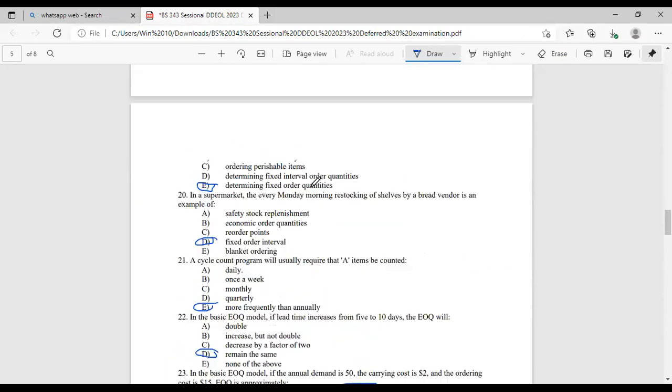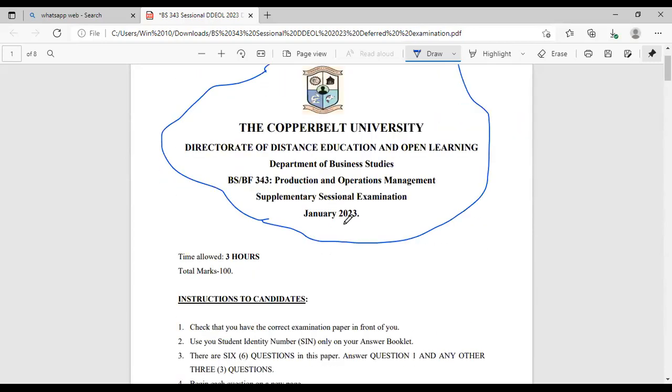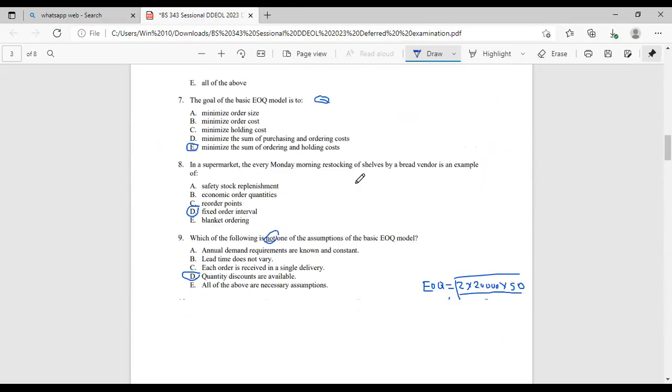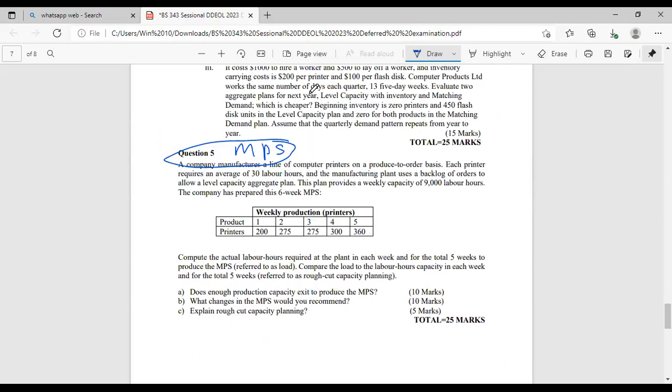Now we can look at this example, question 5 of the January 2023 session exam.